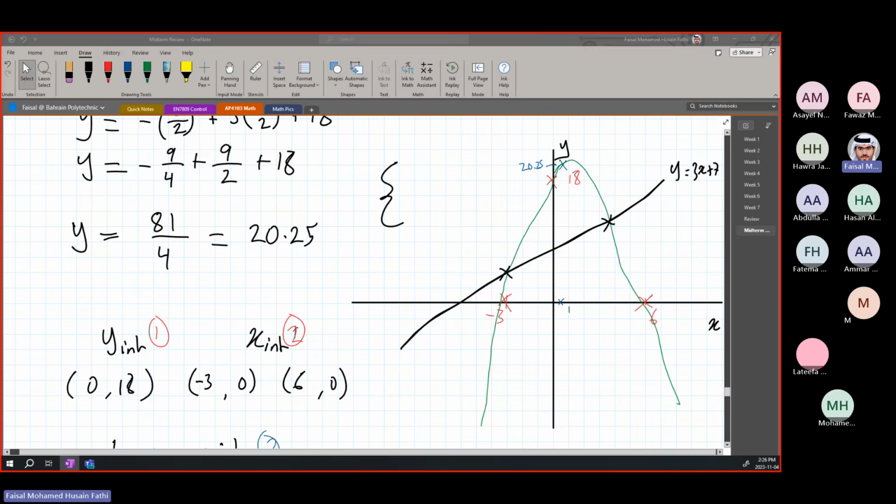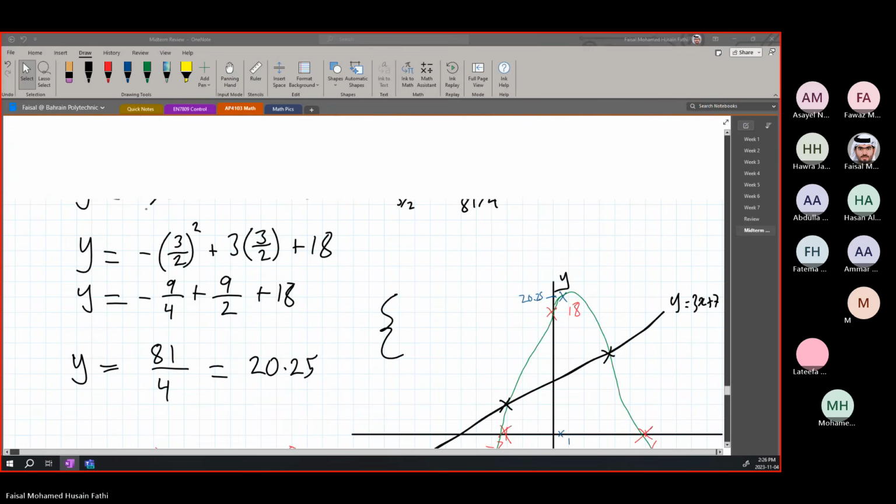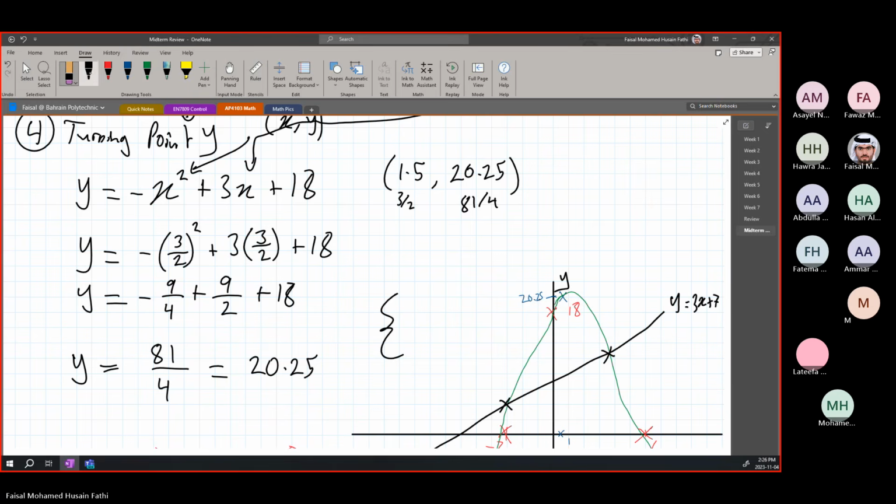The first equation is going to be your quadratic equation, which is this: y equal to minus x squared plus 3x plus 18. Okay, y is equal to minus x squared plus 3x plus 18. The second equation will be y equal to 3x plus 7.